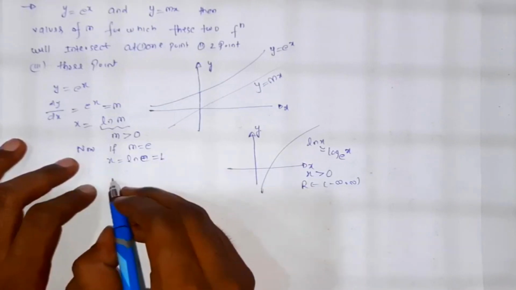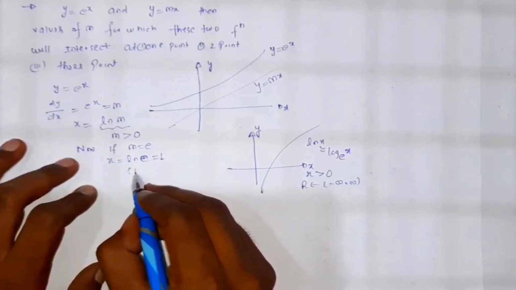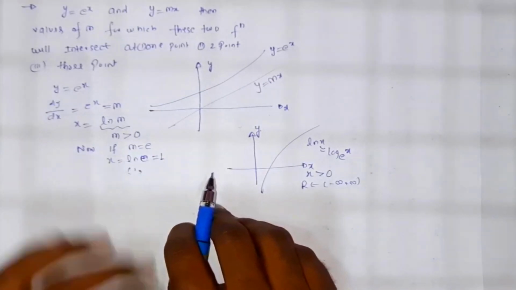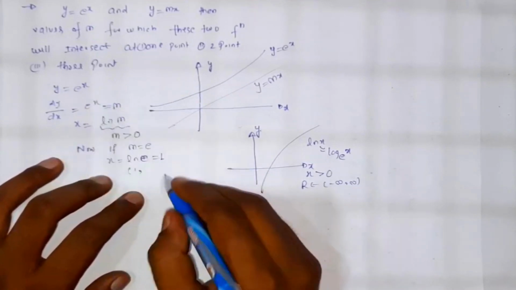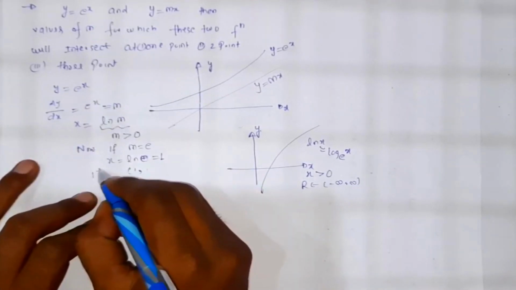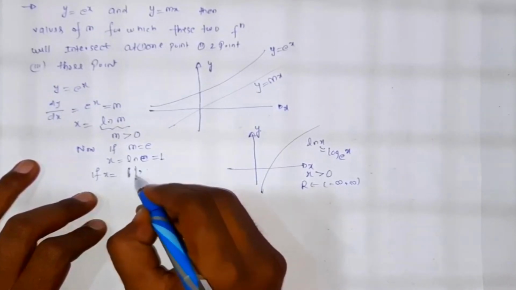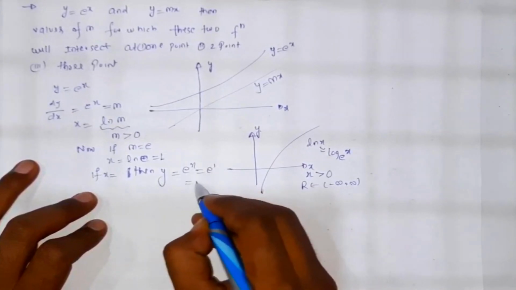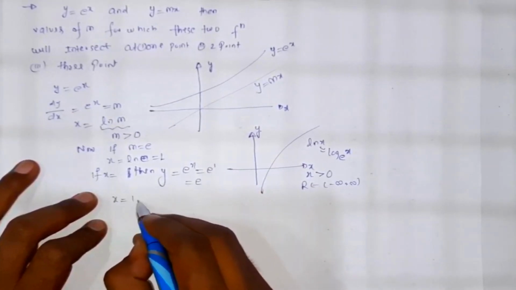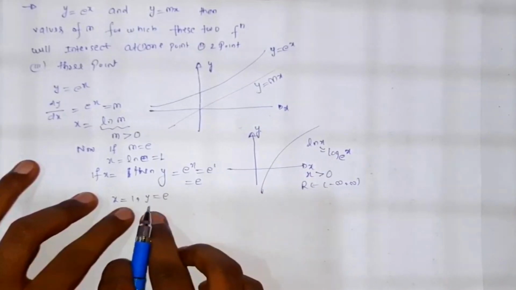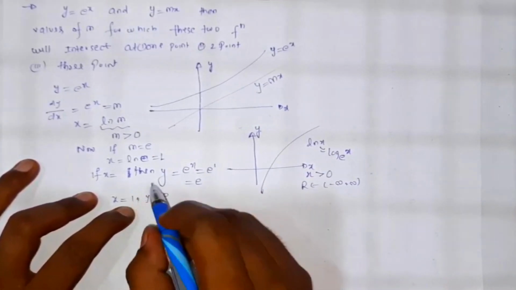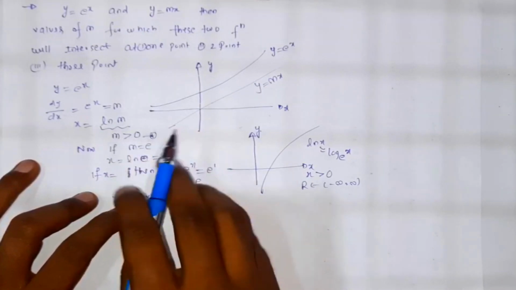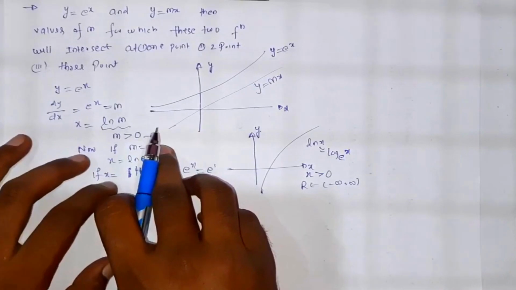So this is the point 1 comma, if x equals 1, then y equals e to the power x, that is e to the power 1, that is e. So this is the point x equals 1 comma y equals e, at which the slopes are equal. And the condition is like that. This is the equation you should understand very clearly.